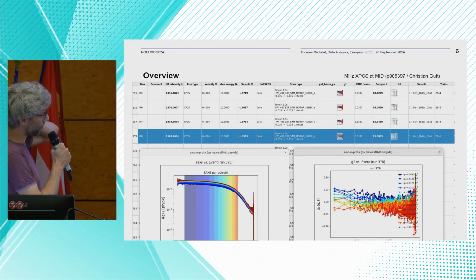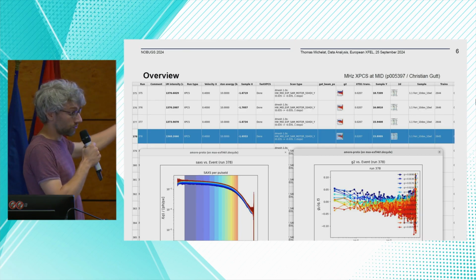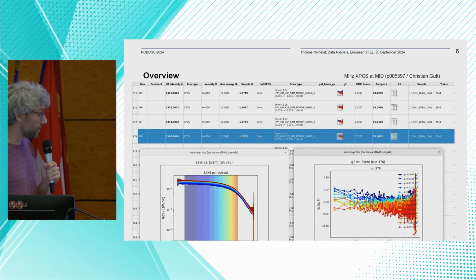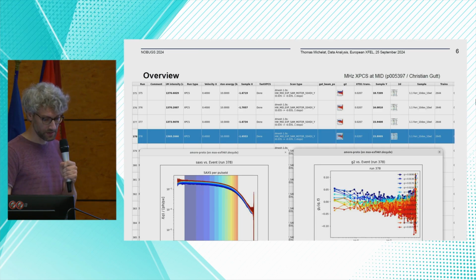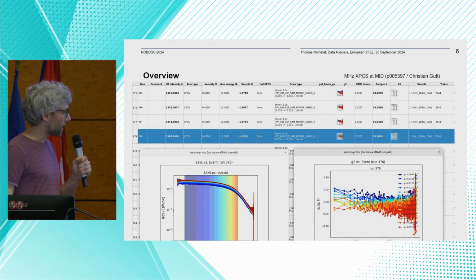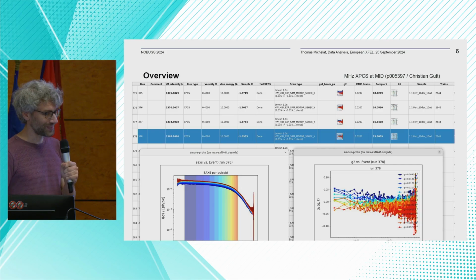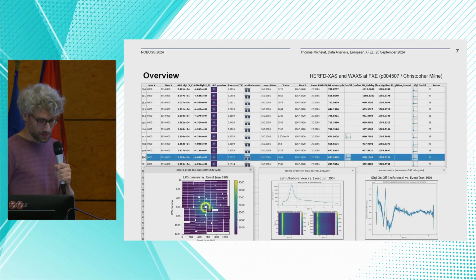Also, you can integrate complex plots that result from very complex analysis that require distributed computing over many nodes on a very large amount of data. And having all of that metadata and analysis results together really helps to have a good overview of what's happening in your experiment and makes it more enjoyable in terms of workflow.